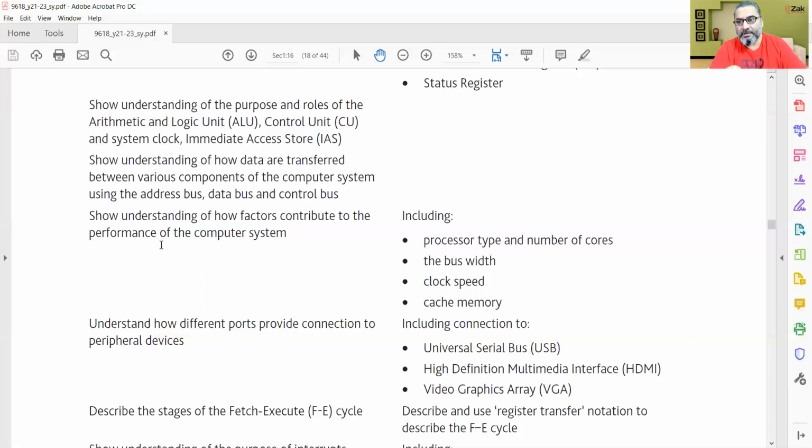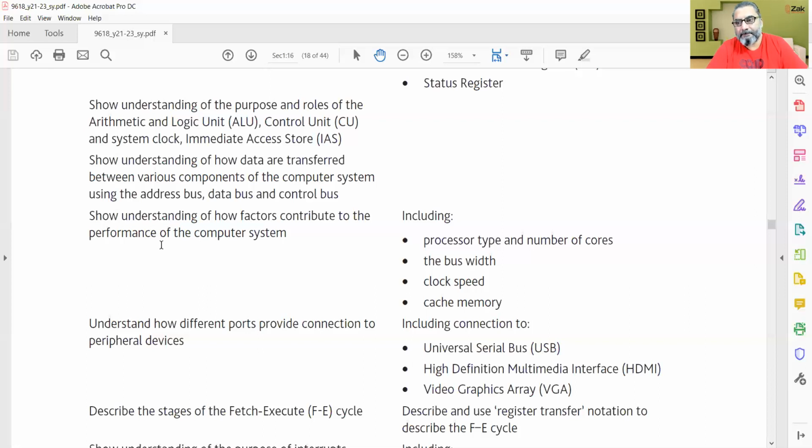All right, 2 to the power 4 means 16 addresses, 0 to 15. If the bus width of the address bus is 5, it means it can deliver 5 bits at a time, which means 32 addresses, sorry, 32 is the range, from 0 to 31. So that is the highest address that you can access.